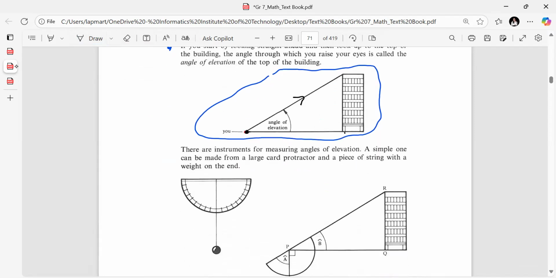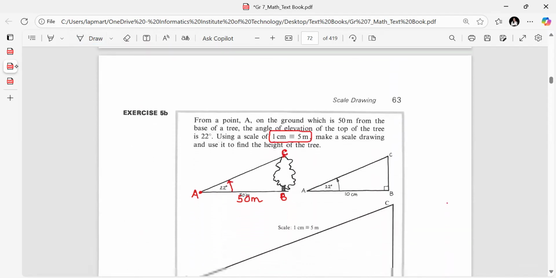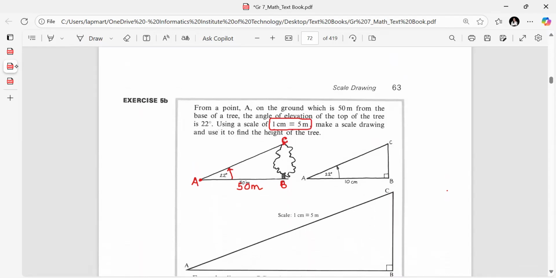Okay. And here I will show you how, look at this example. Now what has happened? Here they have given from a point A. Read it with me. From a point A, while reading, we want to draw this on the ground, which is 50 meters away from the base of the tree.